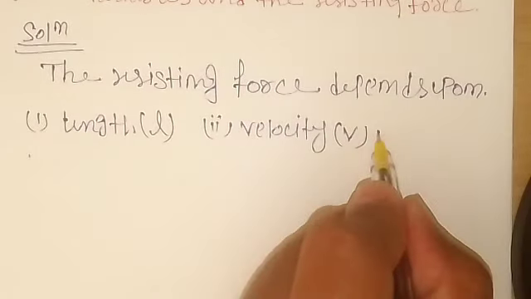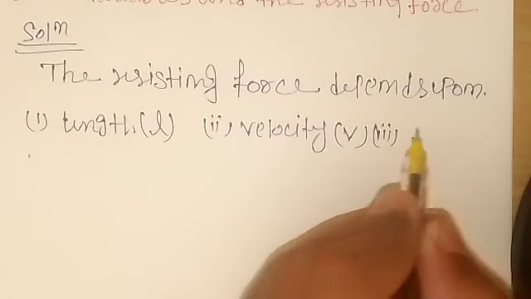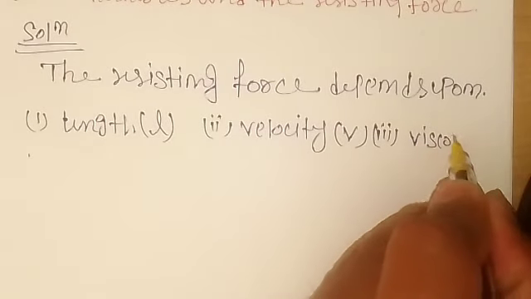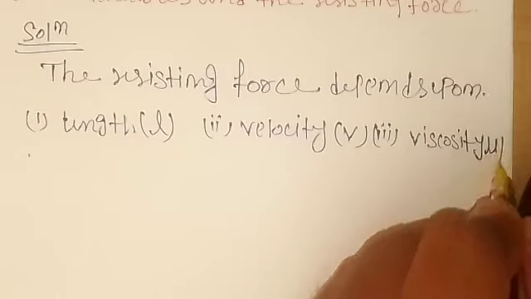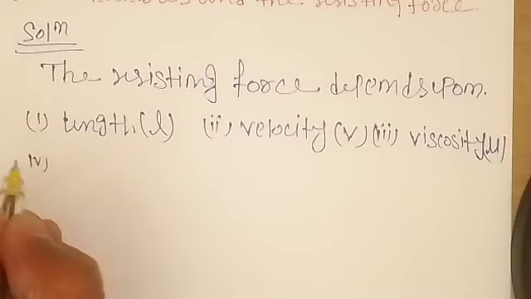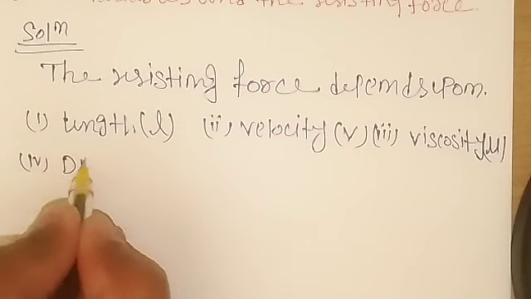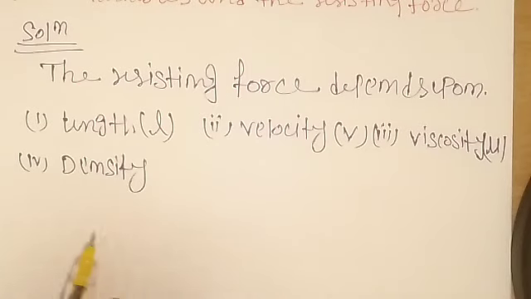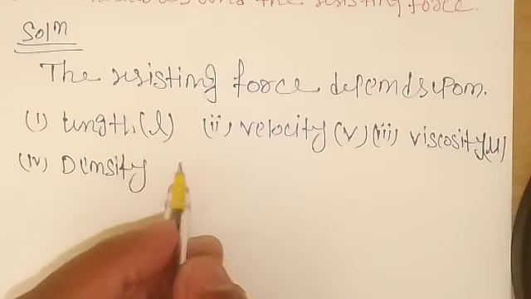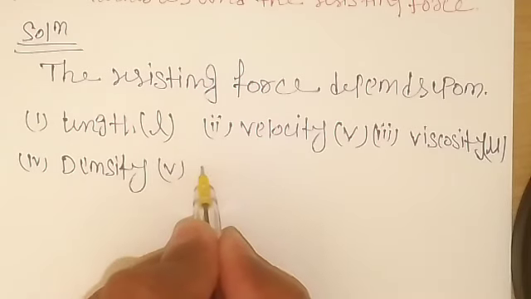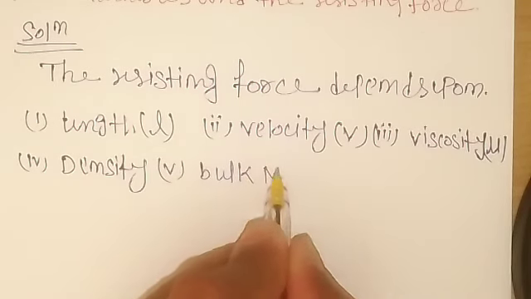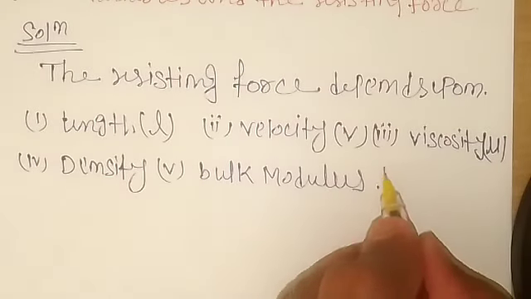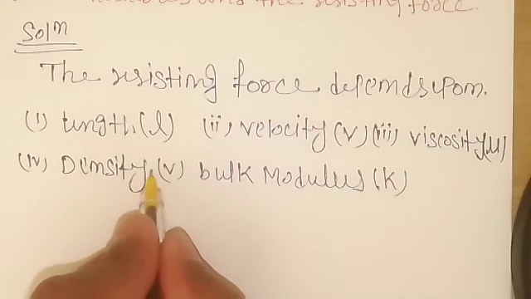Third one is viscosity, that is dynamic viscosity, given as mu. Fourth one you have density, density rho, right. And fifth one, you have bulk modulus, bulk modulus K.